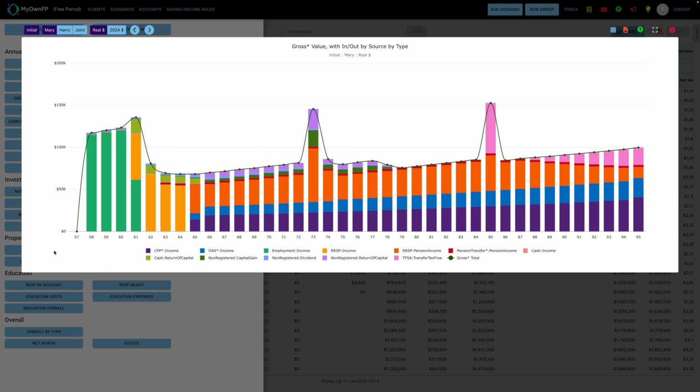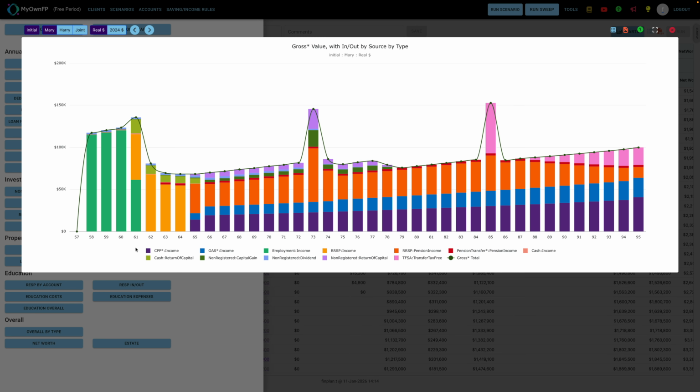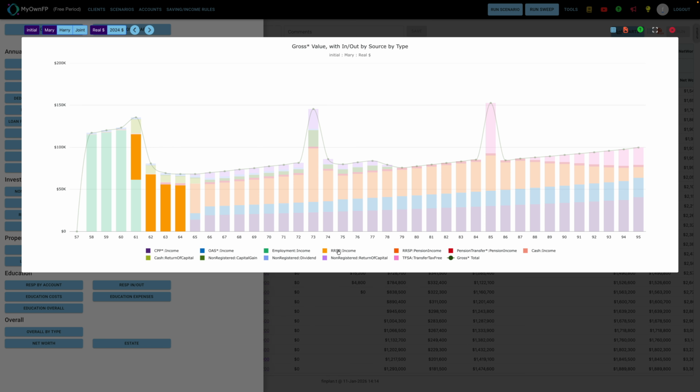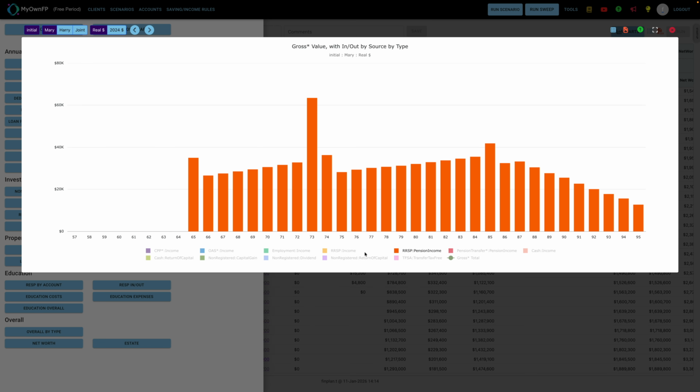This is very much like the other gross income chart, except now for CPP, this is going to be income. In this case, it's only one. CPP, OAS, employment, they're all the same; they just have income. RSP, let's just put both of those on. Some as income before 65, some as pension income.